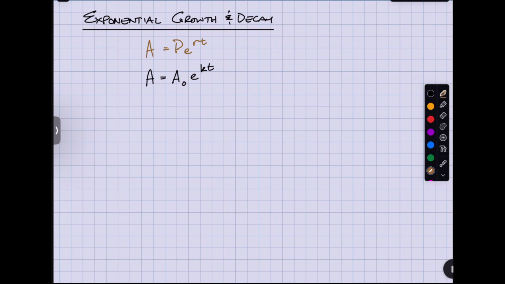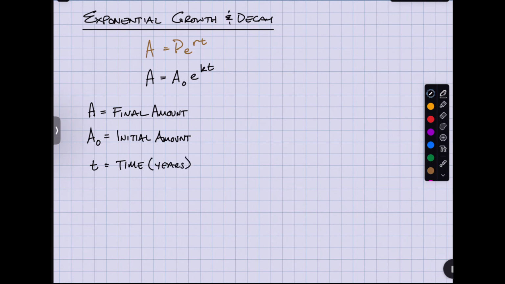So with that, we know that A is your final amount. A sub 0 is your initial amount. T is still your time in years. And K would be your rate, which is still in decimals.